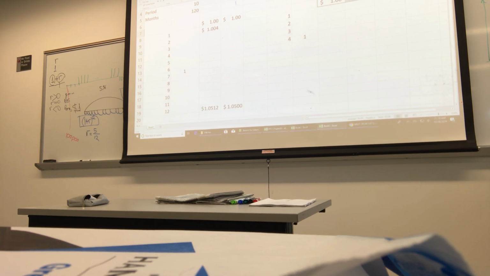And Kelsey has a rate. If the annual rate is 5%, and we're talking about quarters, then the quarterly rate is the annual term divided by 4. These are the rates that we have.